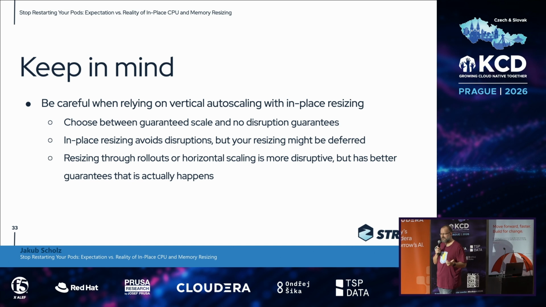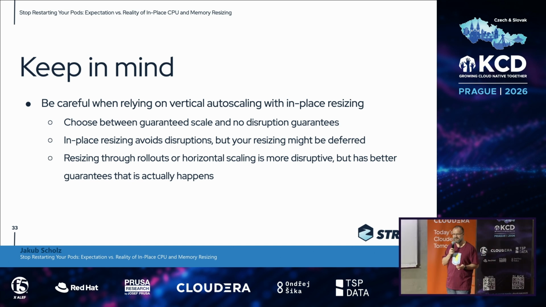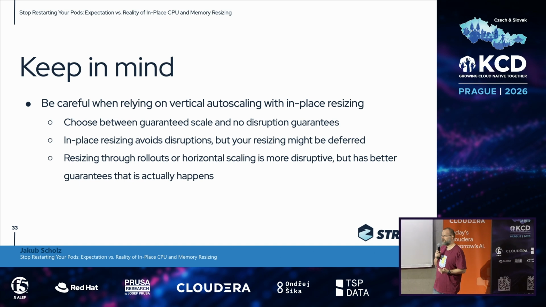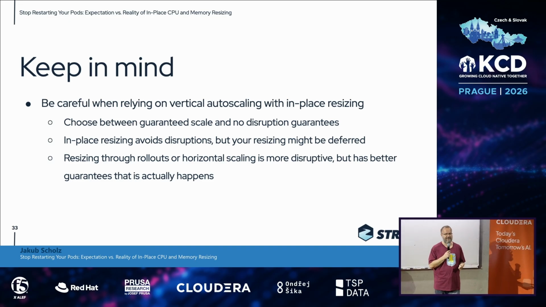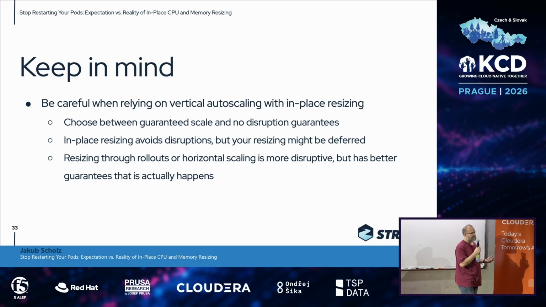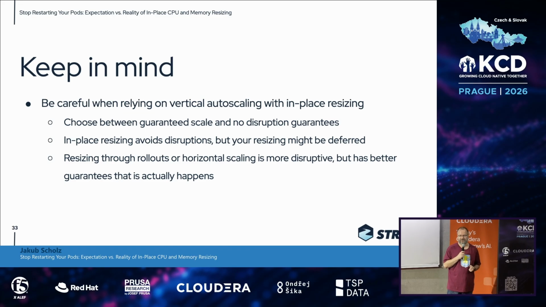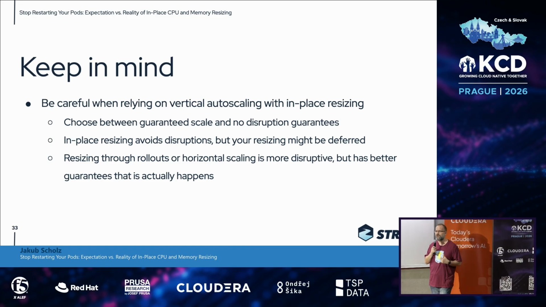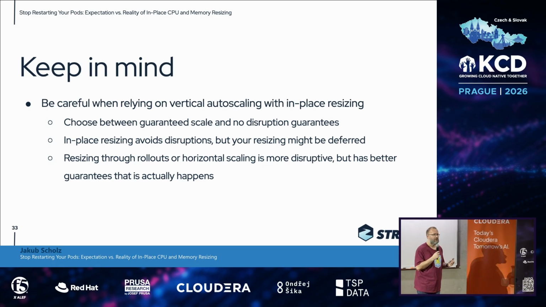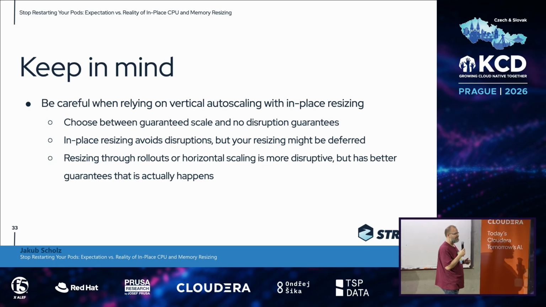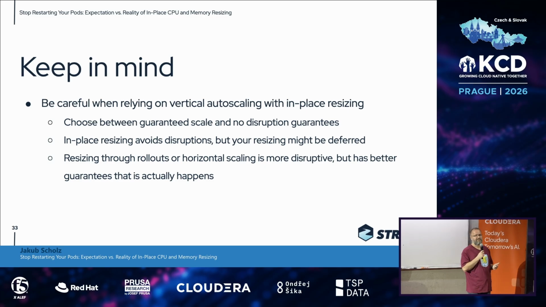And finally, one thing to decide is whether you can rely on the in-place pod resizing or not, because in a way, you are trading guaranteed scale for guaranteed lack of disruptions, right? If you use the in-place resizing, you know that there won't be unnecessary disruptions to your applications, but you don't know for sure whether the application will scale or whether it will be deferred.